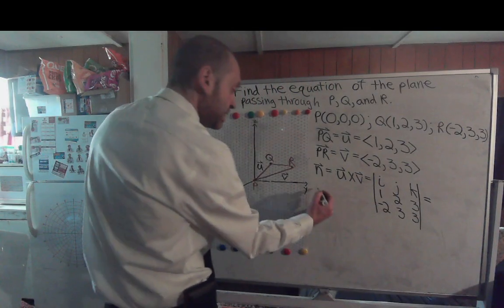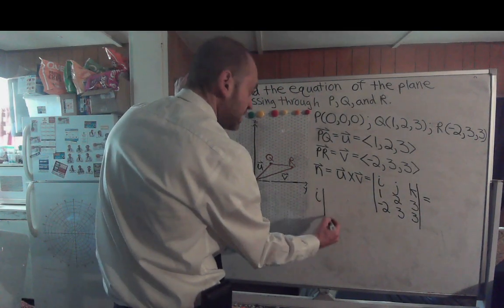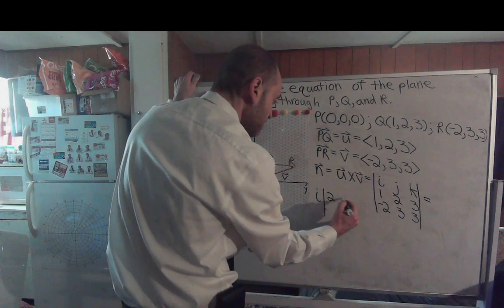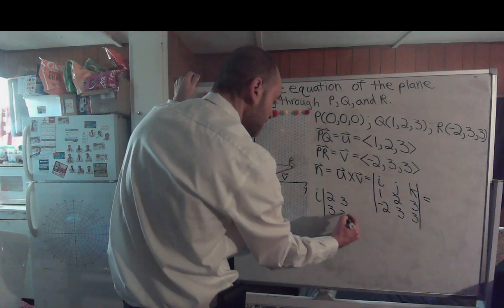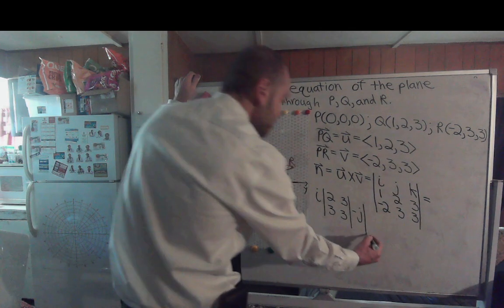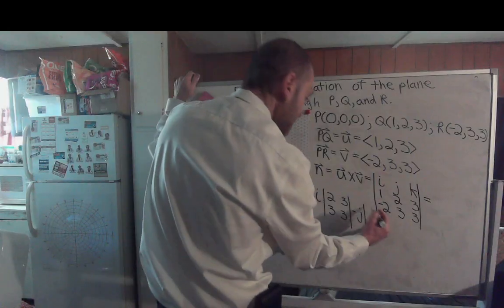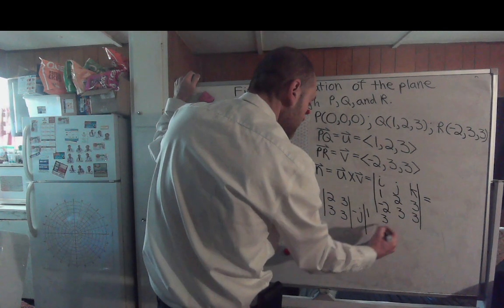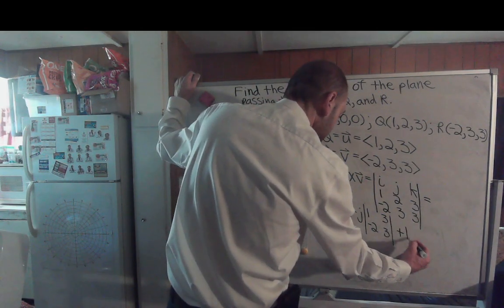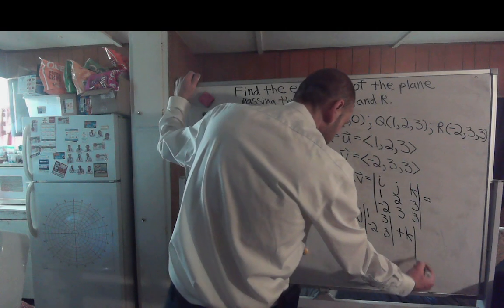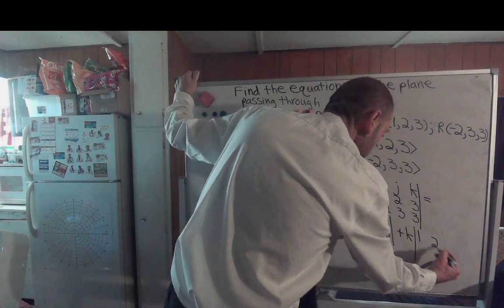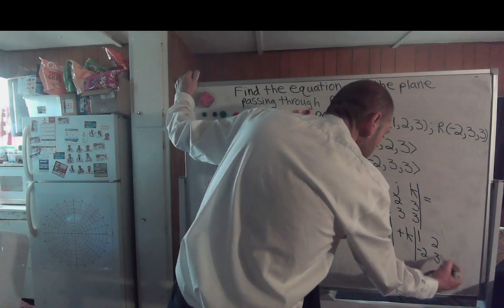So this will be i times, striking out the column and row it's in, 2, 3, 3, 3, minus j times, striking out the column and row it's in, you would get 1, 3, -2, 3, plus k times, striking out the column and row, you get 1, 2, -2, 3.